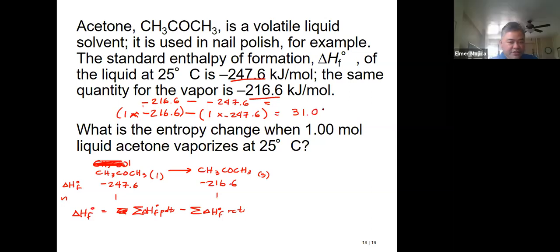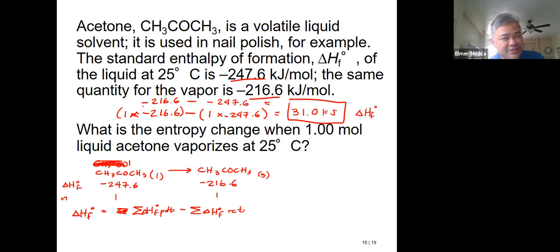Now, the question that I'll ask you: is this a valid number? What does the positive 31 mean if you're going to interpret it here? Remember, that's delta H. So a positive 31 means here you need 31 kilojoules for your liquid acetone to become gas acetone.